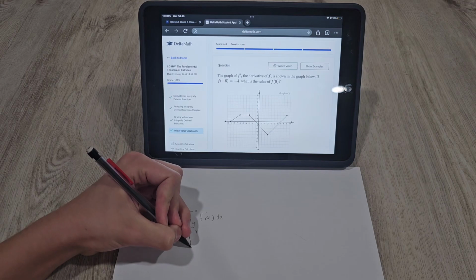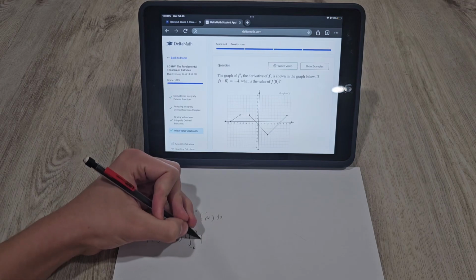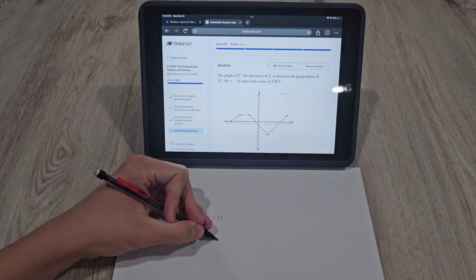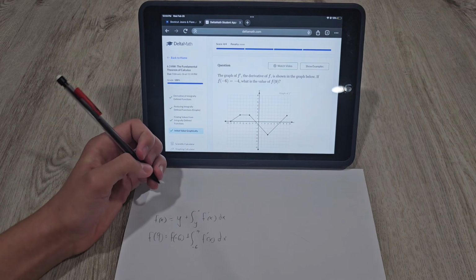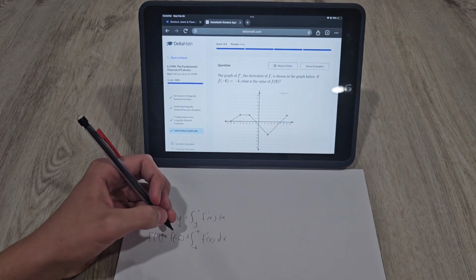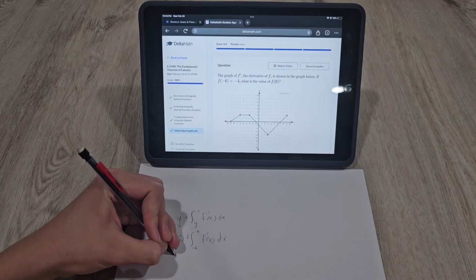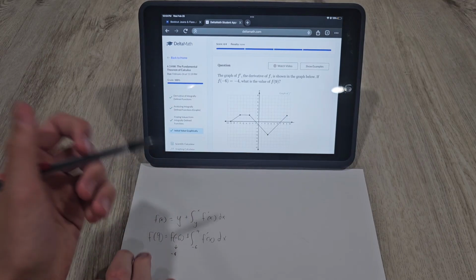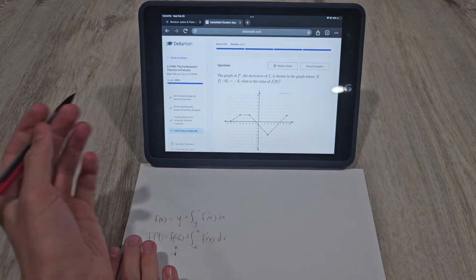So 9, then negative 6, f prime of x dx. For the negative 6, we can just sub that into being negative 4. But for the 9 to negative 6, we're going to have to use this graph on the screen right here.